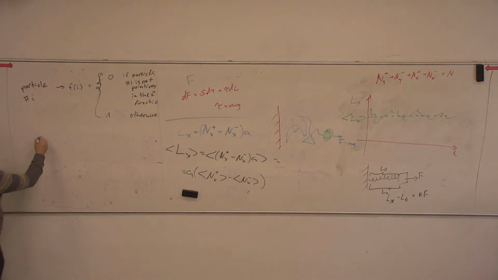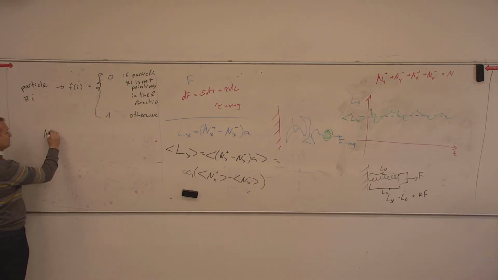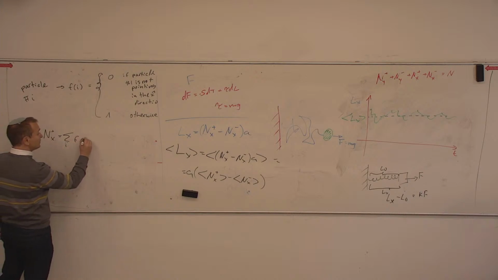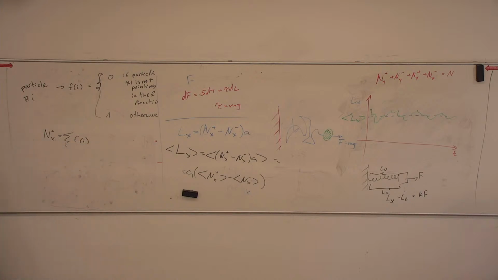So nx plus is just the sum over i of f of i. I just need to count all the particles that are pointing in the right direction.